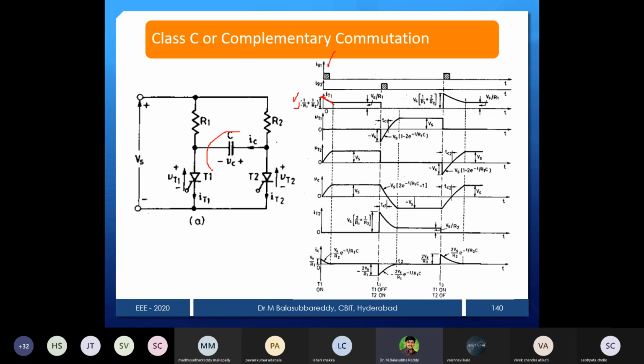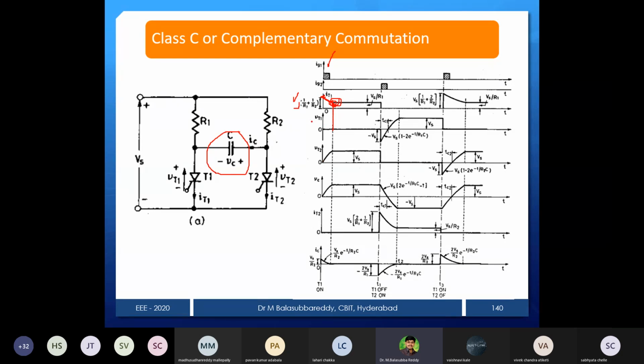Once it is charged completely, the current through the capacitor is 0, so Vs by R2 gradually decreases. Finally, at one point of time, the capacitor current will be 0. Then only Vs by R1 remains.